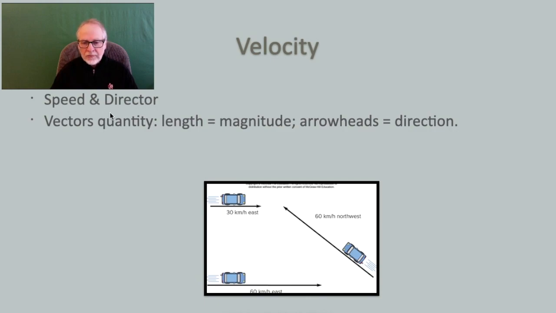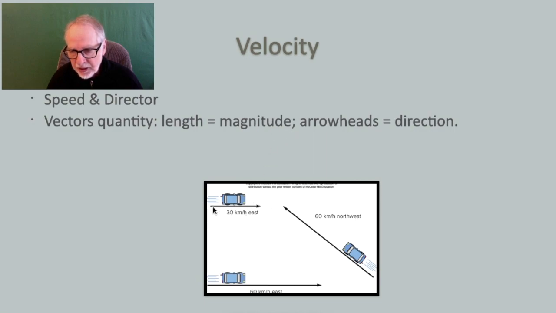What that means is that it's what we call a vector quantity, because it has a direction associated with it. This little diagram shows that the arrow represents the direction of motion. The arrow is what's called a vector, and the length of that vector represents the magnitude of the motion.